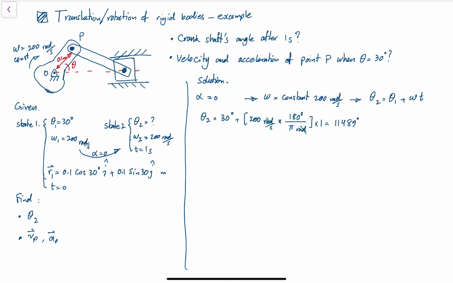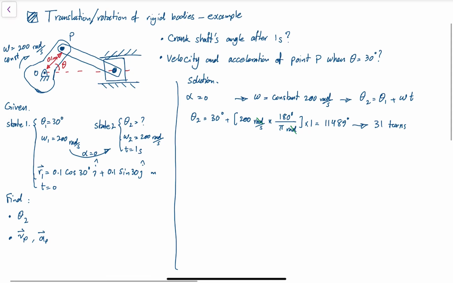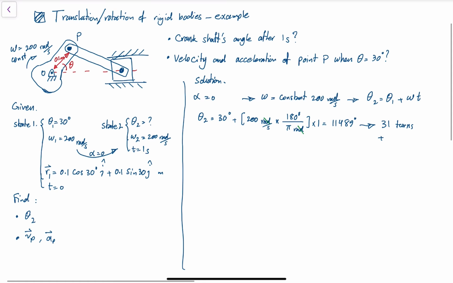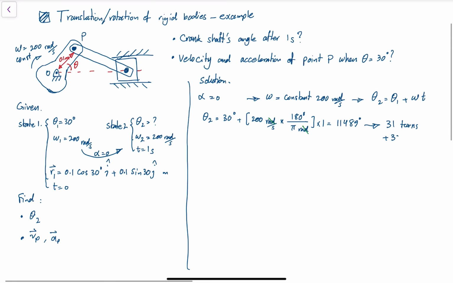So the angle is that much. Maybe this doesn't help us a lot. I can write it as 31 full turns, 31 times 360 degrees. And the leftover will be 329 degrees.